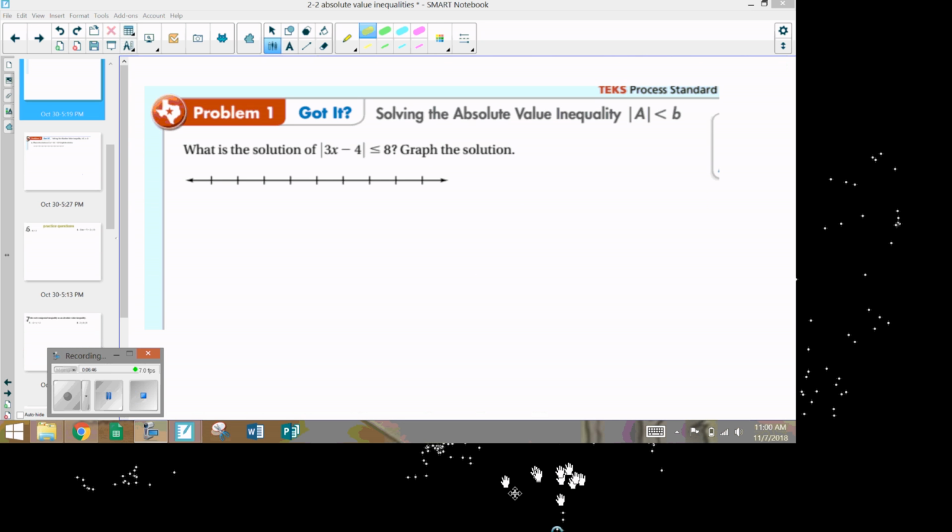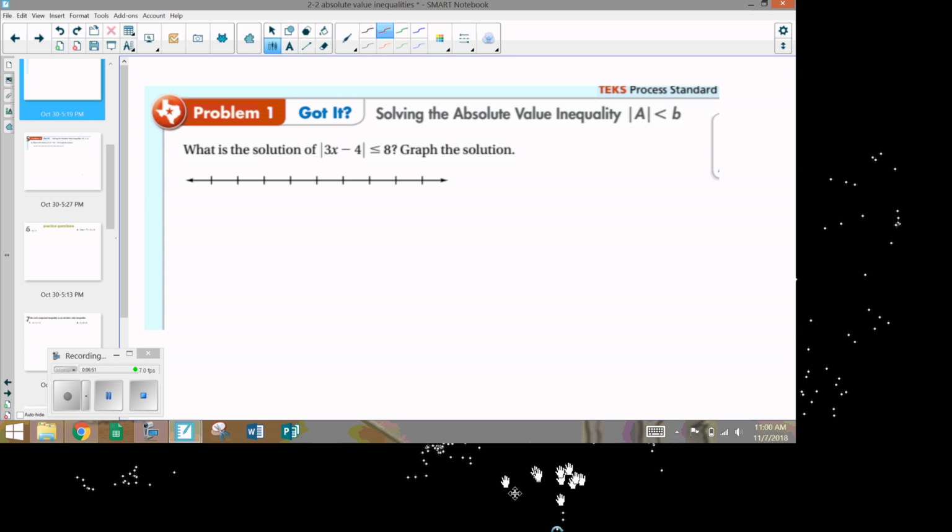Here is the solution. Step 1, get rid of the absolute value sign. Step 2, copy whatever is the sign, put it in the middle. And step 3, whatever is the number, write the number as plus and minus, then solve for x.